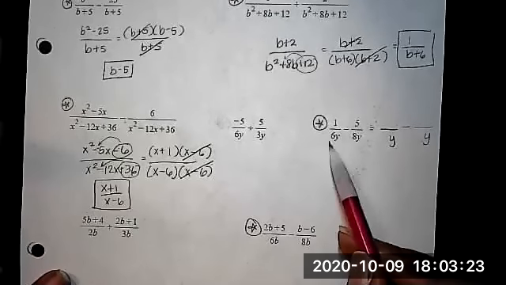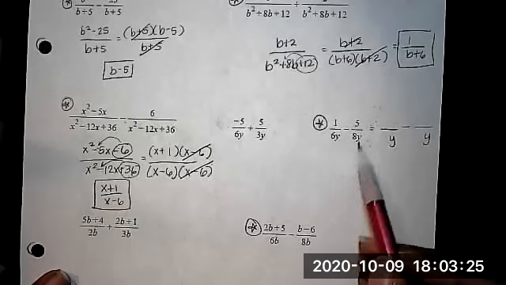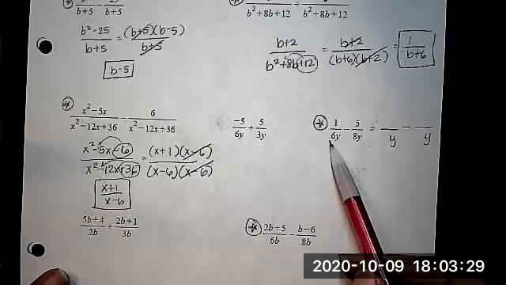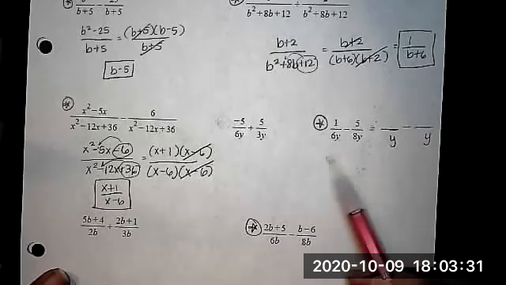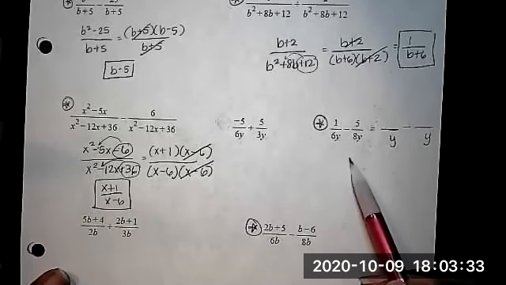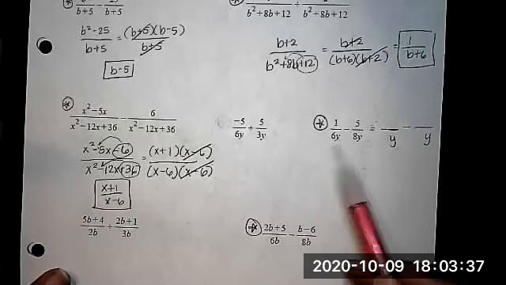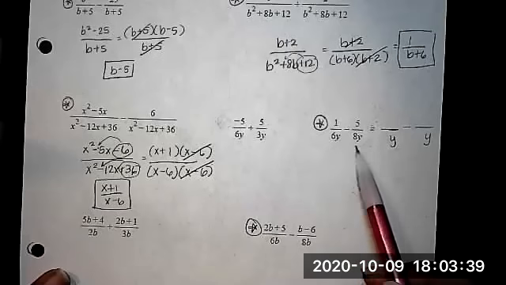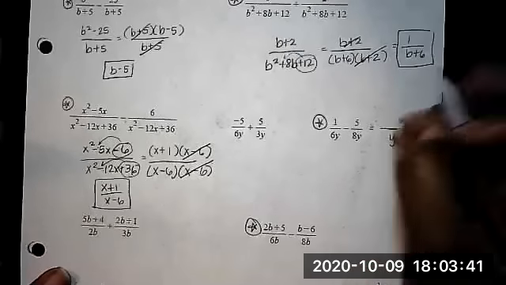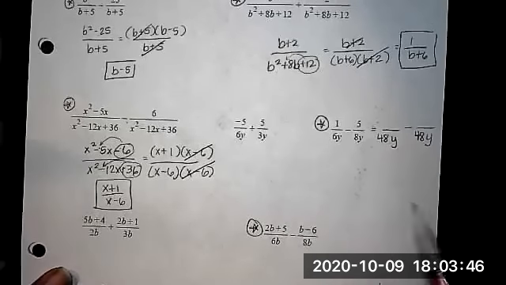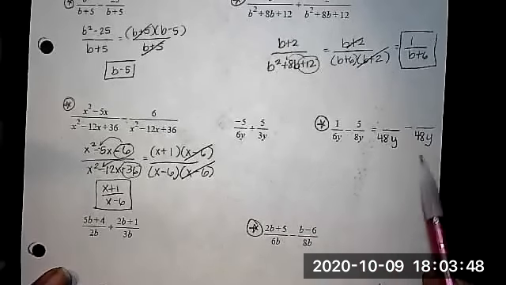But the 6 and the 8 are really not common. Again, there's a piece of it where you could say this one has a 2 and a 3, and this one has a 2 and a 4, so the 2s are common. I would just multiply those two. That is just what I would do. Again, it's not the only way to go, but that's what I would do for the number part. I just multiplied 6 times 8 and got 48.